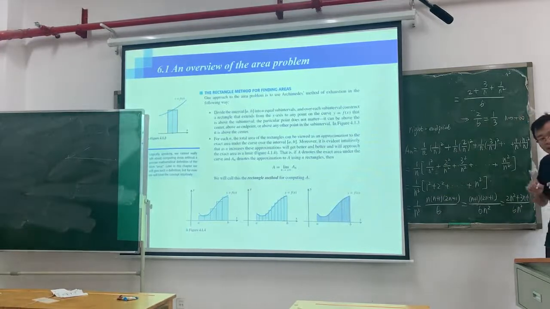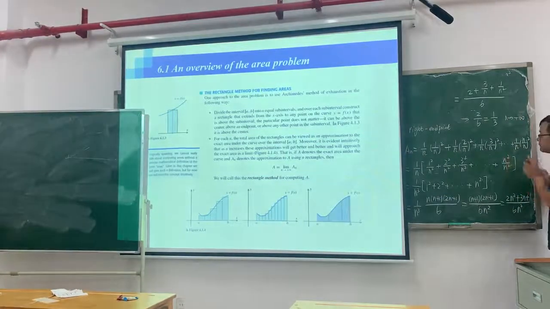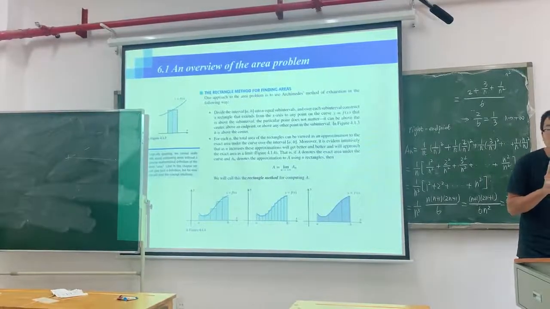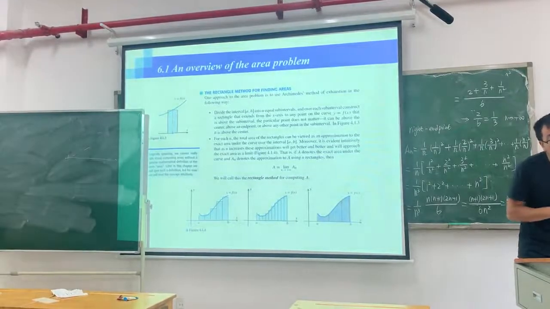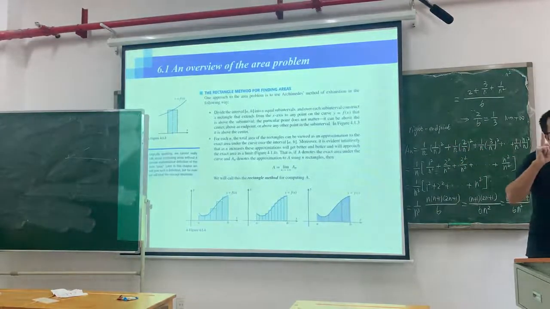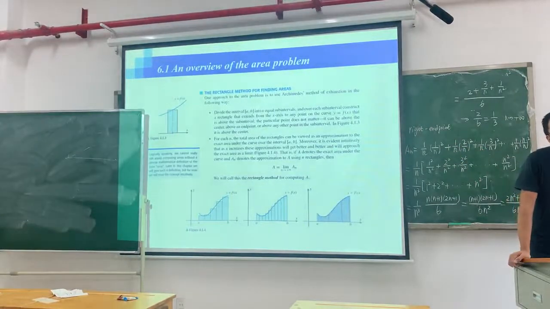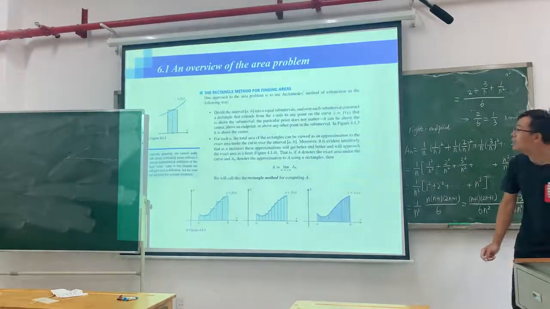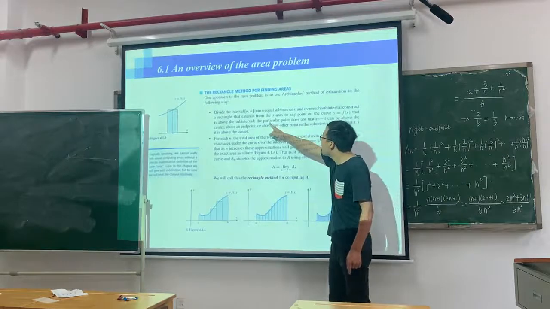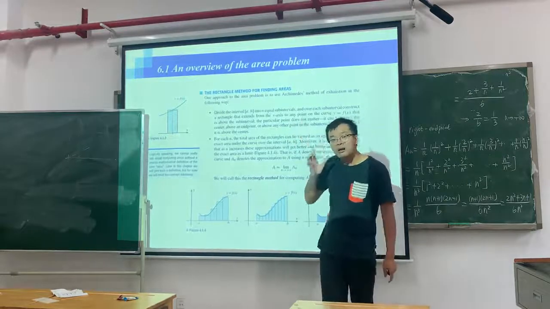So now we can see if we take the left endpoint, the area is 1 by 3. If we take the right endpoint, the area is also 1 by 3. Okay? Yeah. So here means this sentence. So now the particular point does not matter.